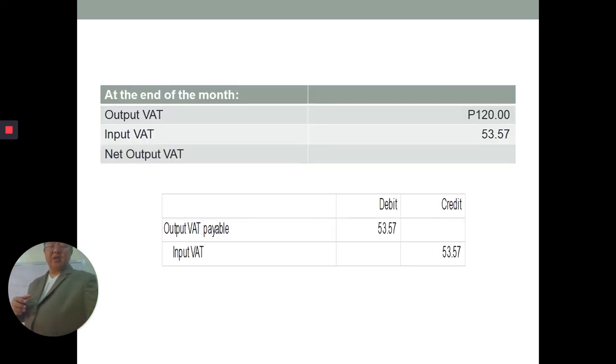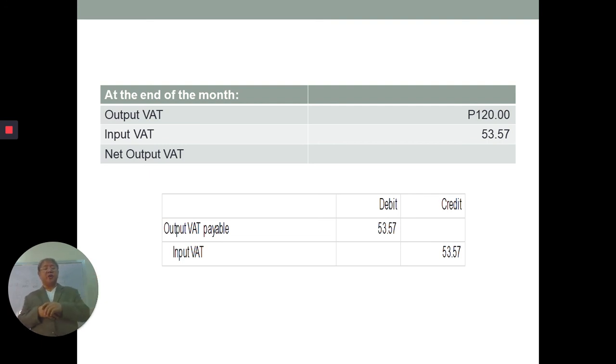At the end of the month, if we assume the same supplies is the only purchase transaction during the month, output VAT will be 120 and input VAT will be 53.57. So we can offset the input VAT and we have a larger output VAT. What will be our entry? Debit output VAT 53.57 and credit input VAT for 53.57.